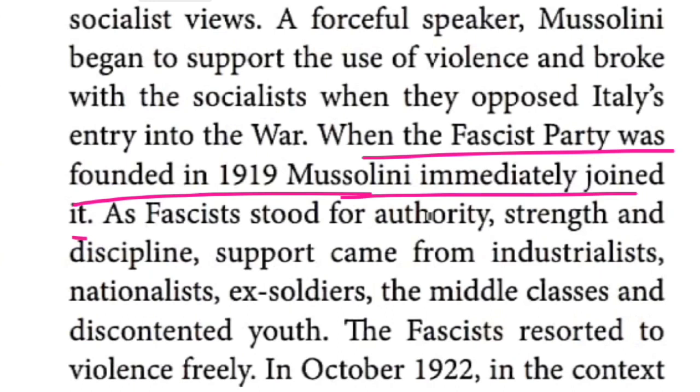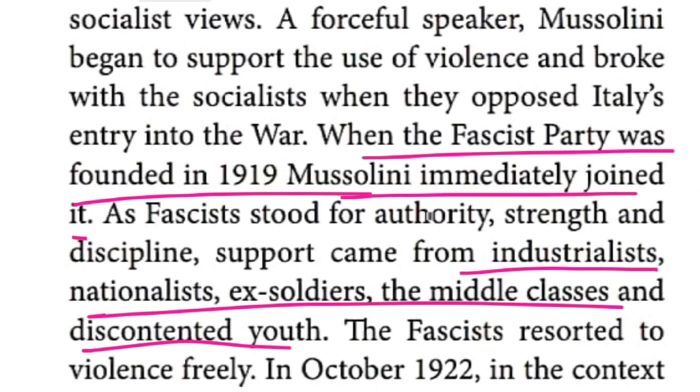The fascists stood for authority as well as strength. Because of that, the industrialists, nationalists, ex-soldiers, middle class people, as well as dissatisfied youth supported fascism. Discontent in the sense, dissatisfied youth.